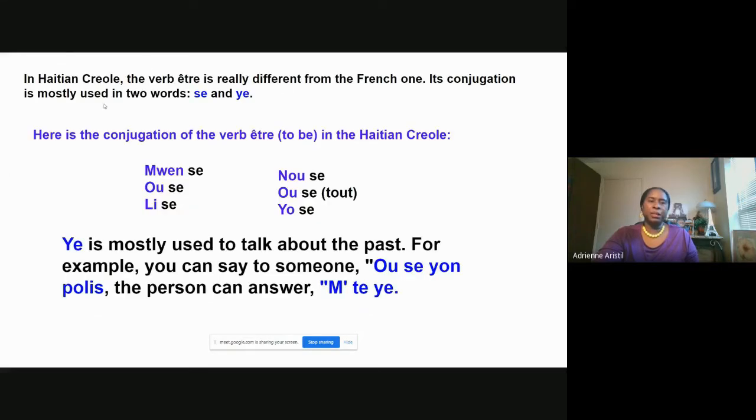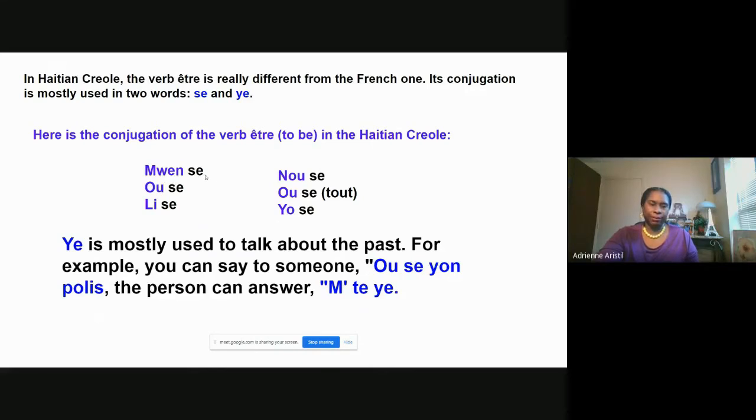In Haitian Creole, the verb être is really different from the French one. Its conjugation is mostly used in two words, c'est and ye. Here is the conjugation of the verb être, to be, in Haitian Creole.